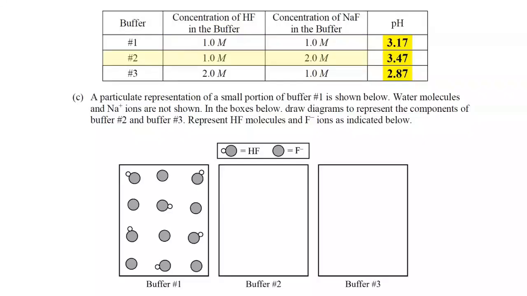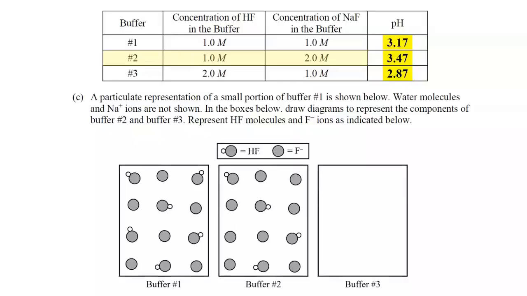So therefore, the particulate diagram should represent that the number of particles of F- should be twice as much as the number of particles of HF. So to draw that diagram, we can use 8 F- ions and 4 HF molecules. So something like this: 8 F- ions and 4 HF molecules.